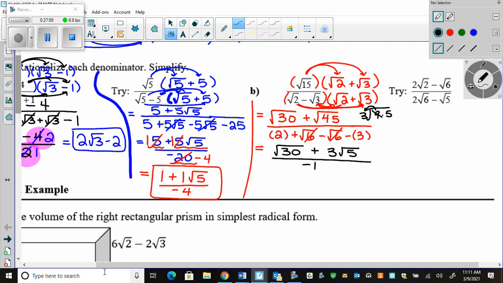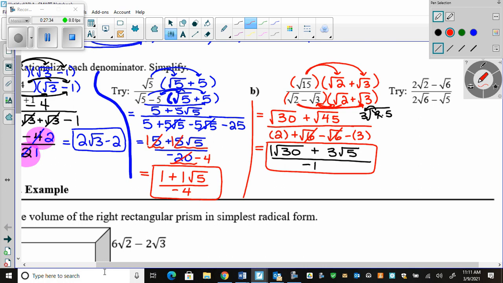Now, is there anything I can take out of all of them? I have a 1 in front, a 3 in front, and a negative 1. No. So this answer is correct, but it probably won't be there. When you just have a negative 1 in the bottom, they'll often bring it to the top and distribute it through.